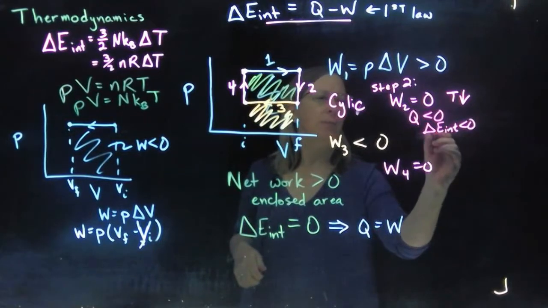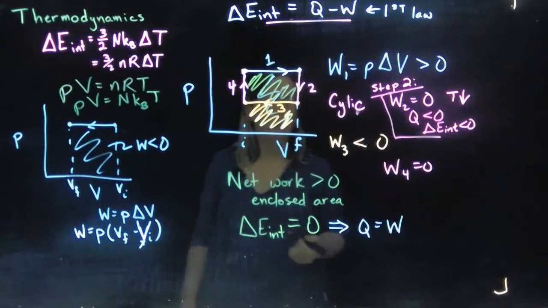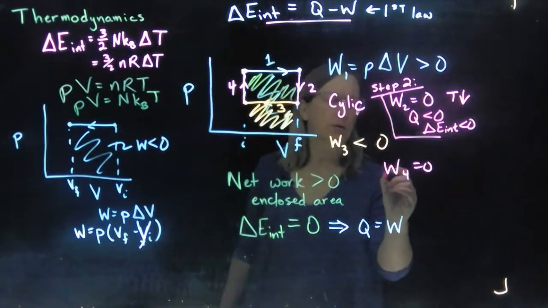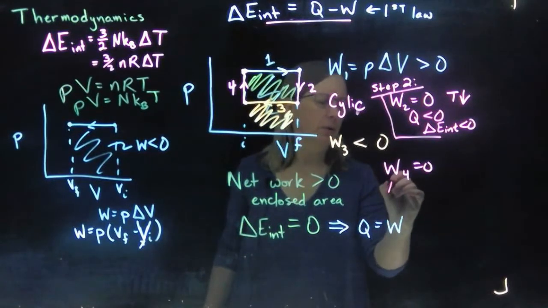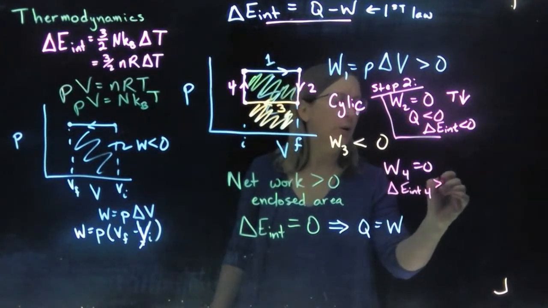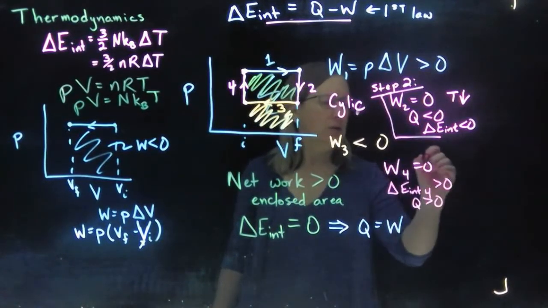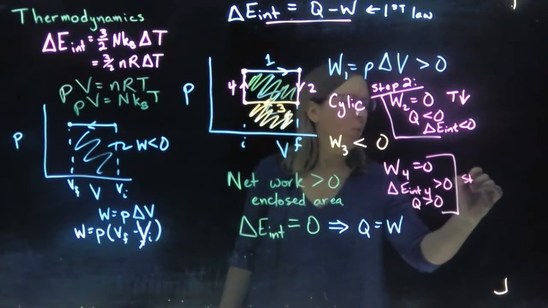This is all step 2 information. For step 4, work is equal to 0. Delta E internal of step 4 is greater than 0, which means the heat is greater than 0. This is all step 4.